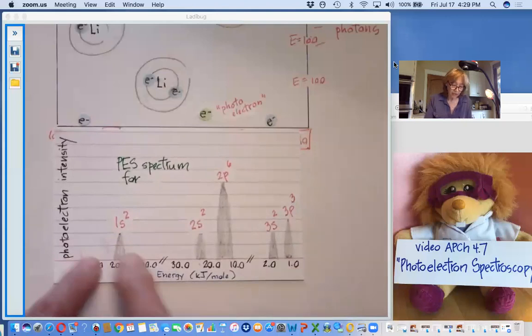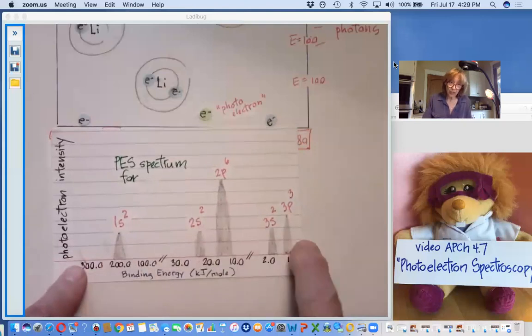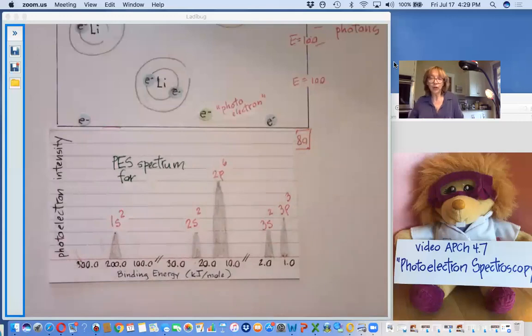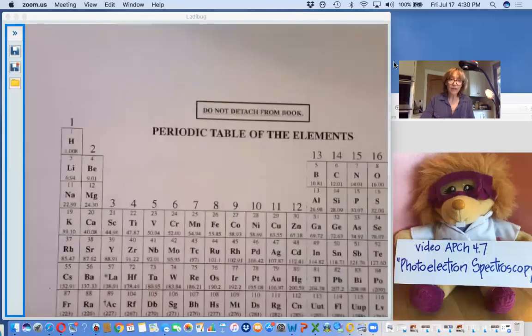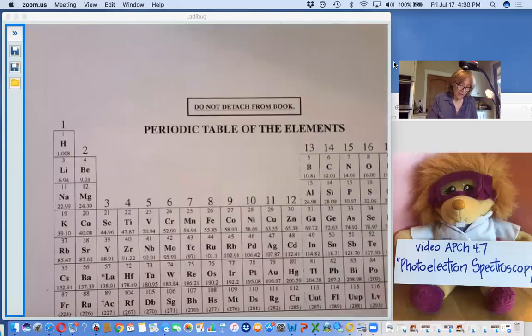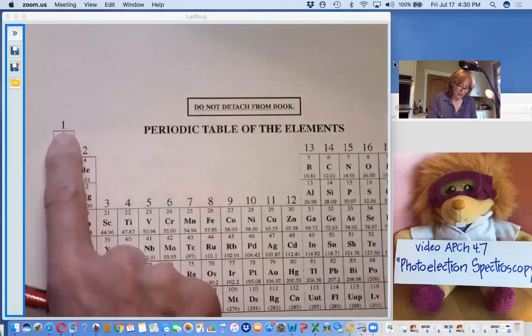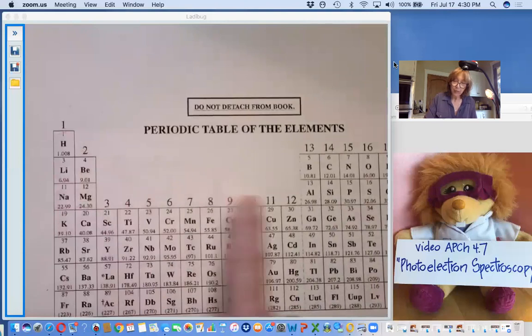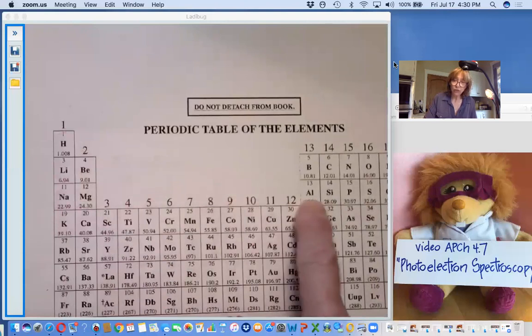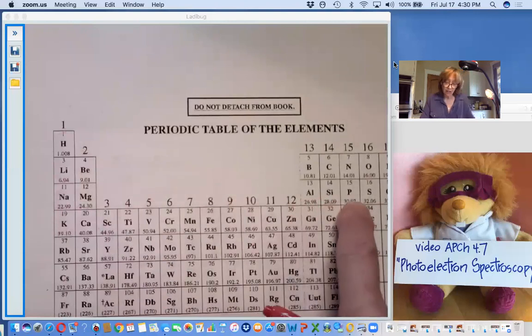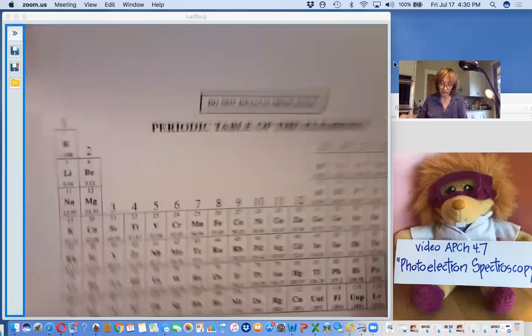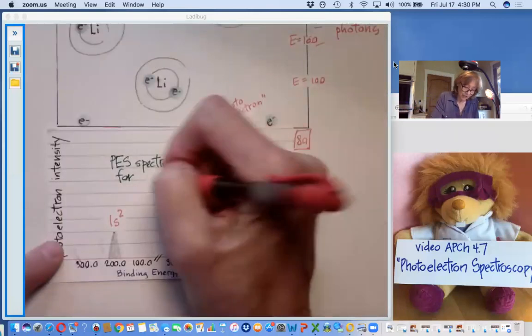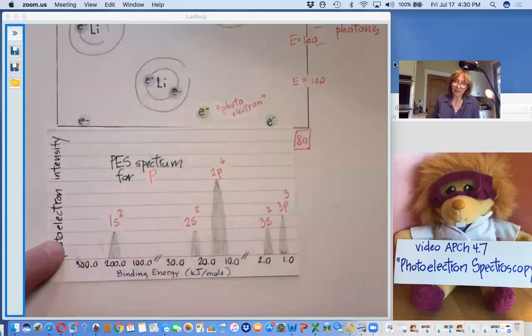So once we've labeled our peaks, we can use our periodic table to determine that element ended in 3s2, 3p, 1, 2, 3. This must be the PES spectrum for the element phosphorus.